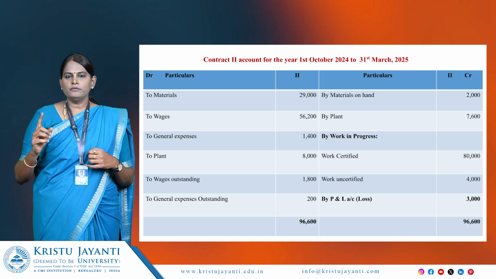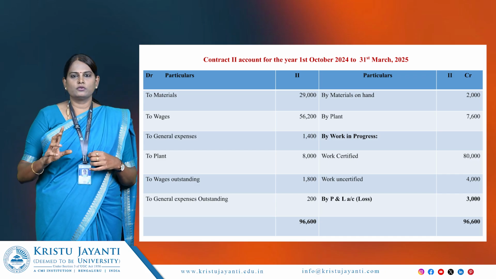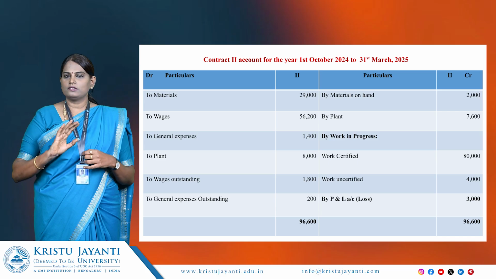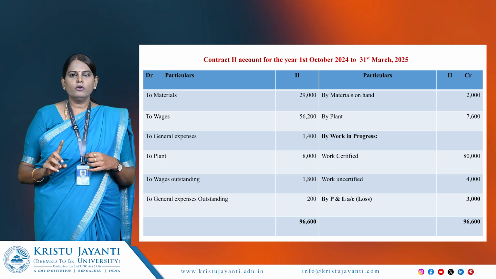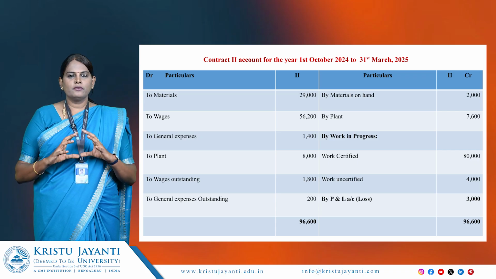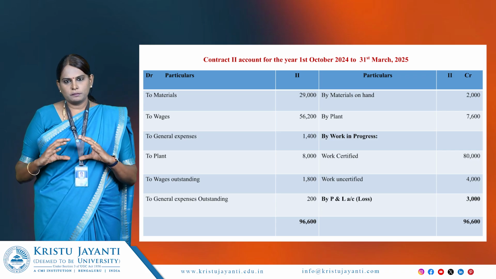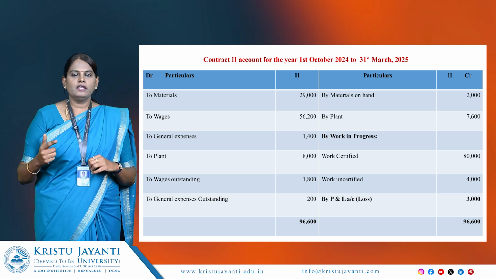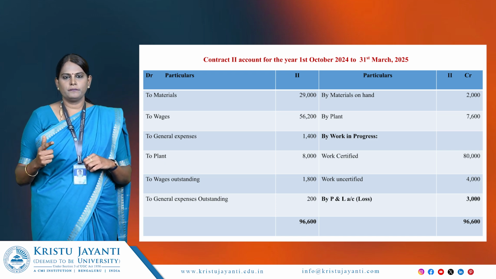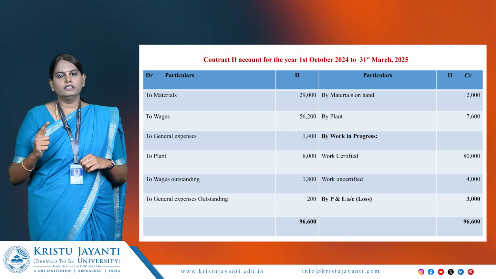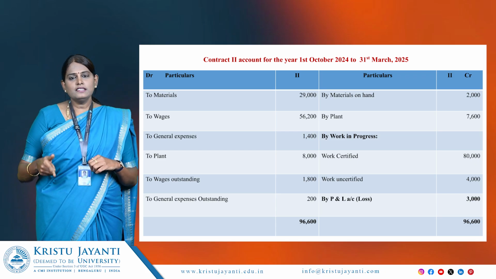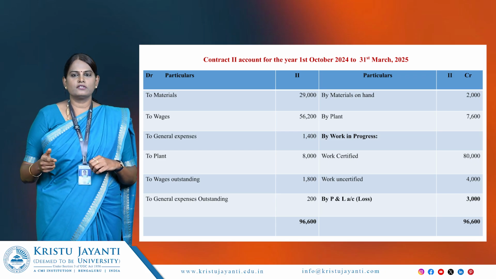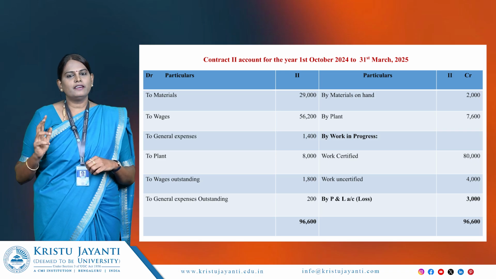So these are the debit items. And the credit item we had only recorded one, which was depreciation, 7,600. We have one more, that is material on hand. And apart from these things, we have the work in progress part. Under that, we have work certified, and the second one is work uncertified. So now if you find the difference, in this contract you have a difference of 3,000 rupees on the credit side.